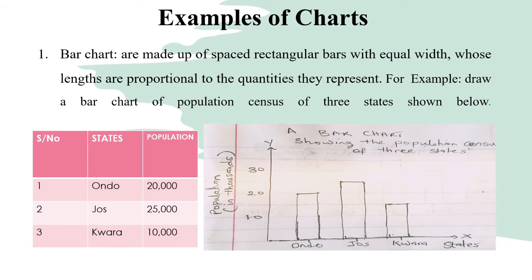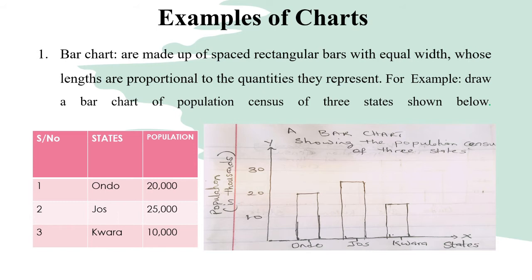Here we have an example of the bar chart. This is a simple bar chart drawn from the population census of 3 states. Also you can see that the bar chart has its y-axis and x-axis well labeled.